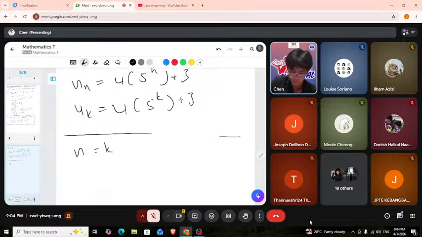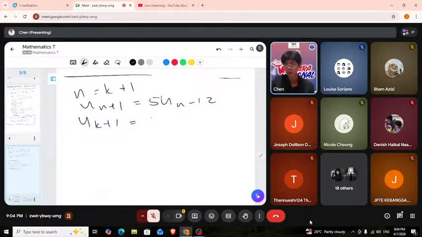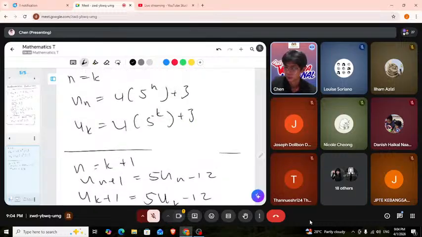n equals k plus 1, right? So remember the recursive. The recursive is uk plus 1 equals, this is n plus 1, this is the original one, and then 5un minus 12. So basically, when you convert this into k, it will become something like this. Actually, this should be here.